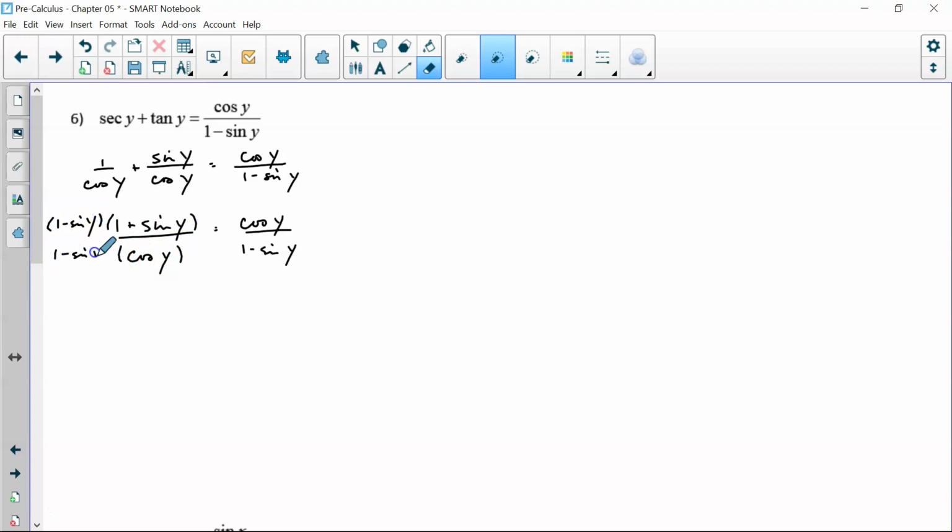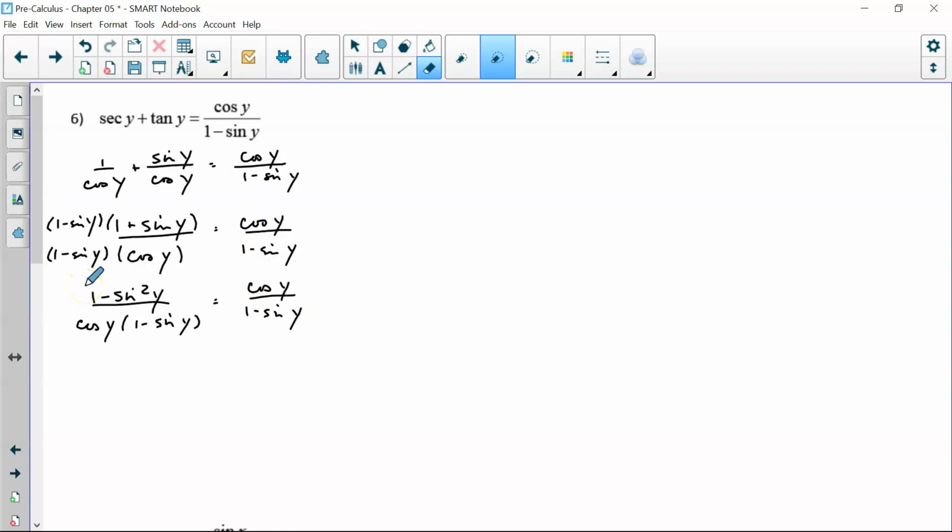In the numerator, when I multiply those conjugates, I get 1 minus sine squared y over, and I'm not even going to distribute, cosine y times 1 minus sine of y. The reason I'm not distributing is because I already see I have a 1 minus sine y in my denominator on the right-hand side.